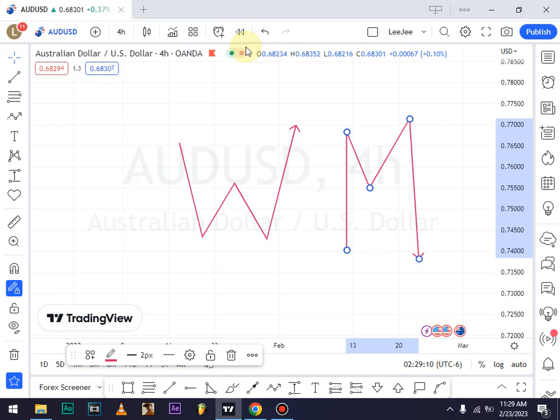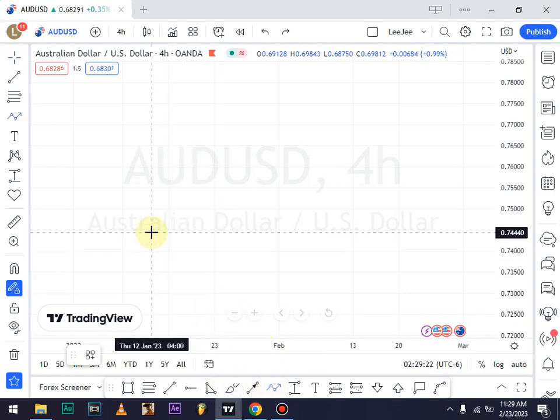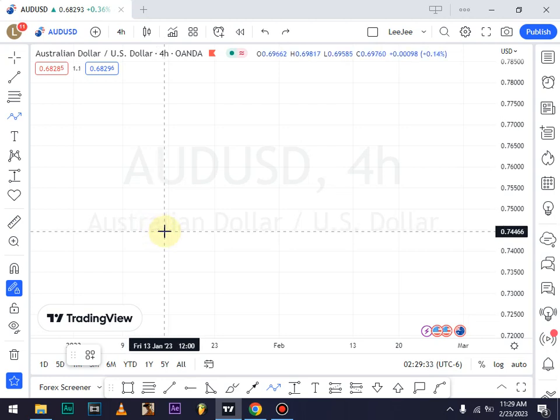This pattern shows up at the end of a downtrend and signals its reversal.